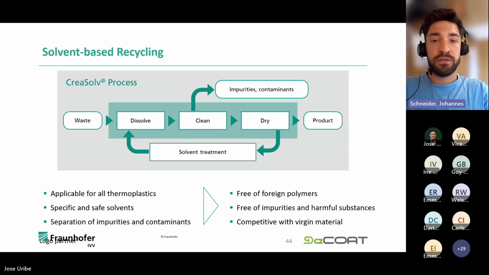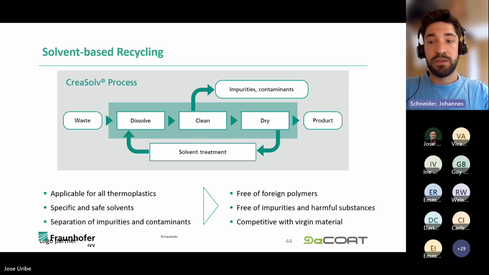So a mixed waste stream enters the process as the input material, and then in a first step, the target polymer, and only the target polymer, is dissolved using specific and safe solvents that are specific for this process.